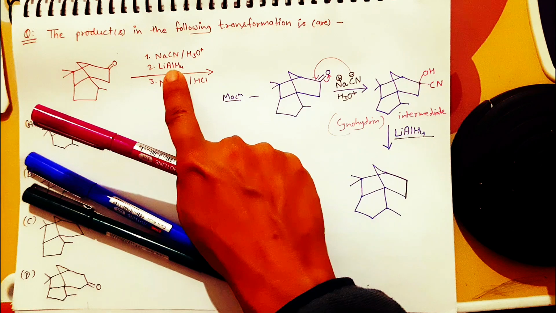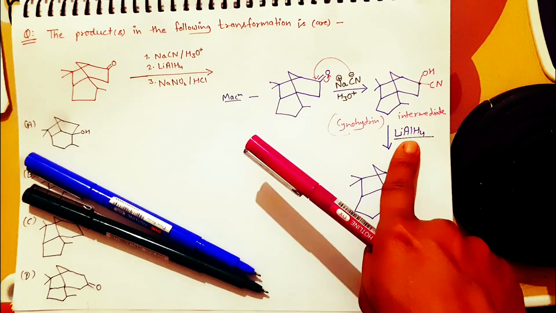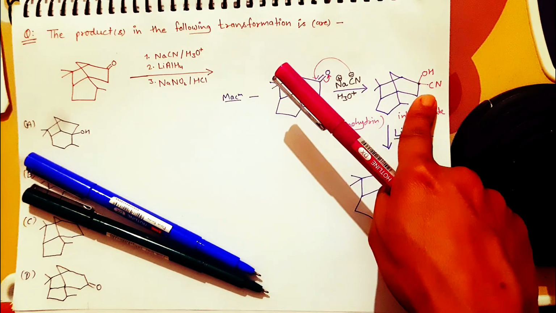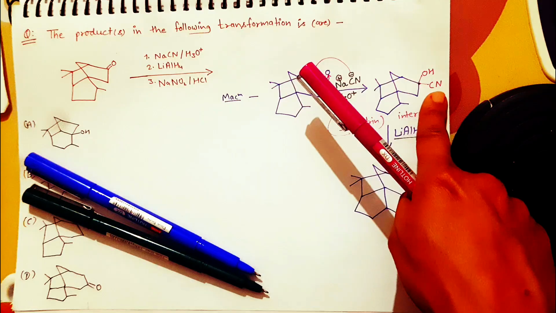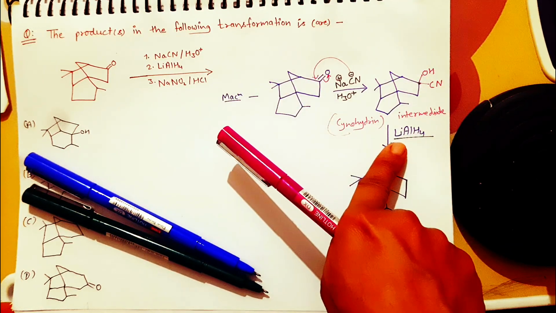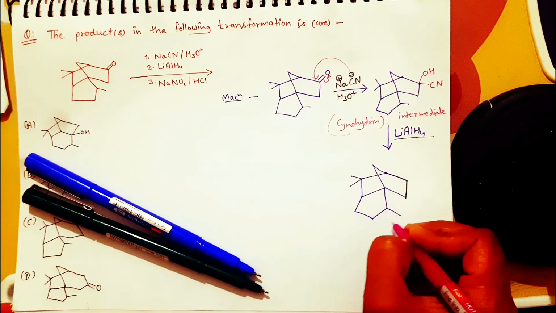Now they give lithium aluminum hydride. Lithium aluminum hydride is a reducing agent. So here two functional groups are present. Lithium aluminum hydride reduces this cyanide group. So what do we get here?